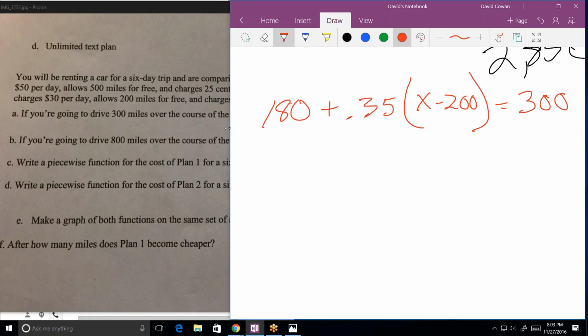So there has to be some number less than 500 where plan 1 is more expensive. For example, 200 miles, plan 1 is a lot more expensive, right? Plan 1 would be 300 bucks, plan 2 would be 180. So it's some number between 200 and 500 where they're the same.